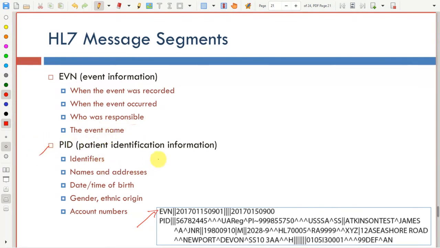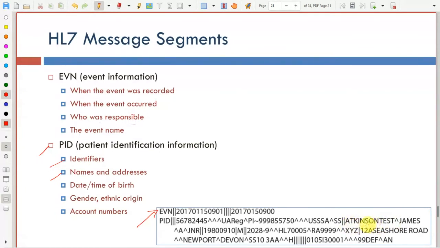You have something called PID, patient identification information, which includes identifiers like a serial number for the patient, for example, and name and addresses. Sometimes it's clear and you can interpret this, but it doesn't happen all the way.